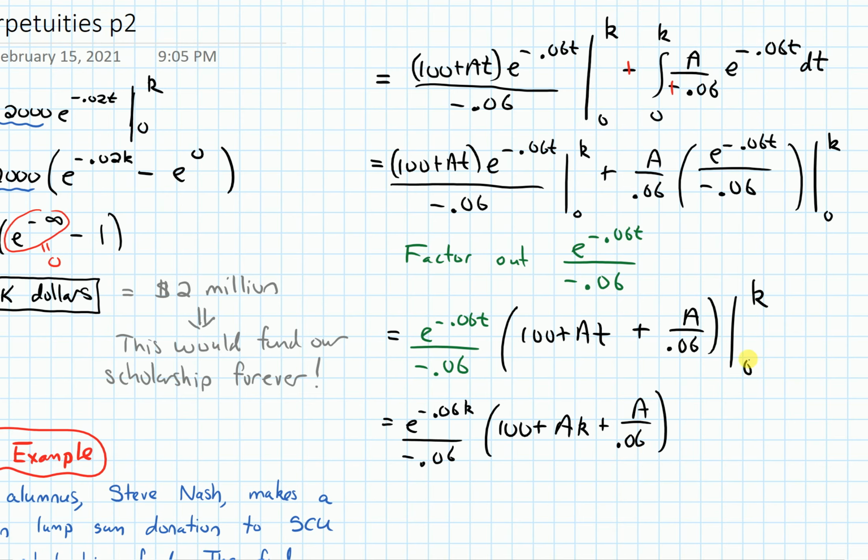Okay, and now I've got to plug in 0 for the t. So I get minus e to the 0 over negative 0.06 times 100 plus 0 plus a over 0.06.